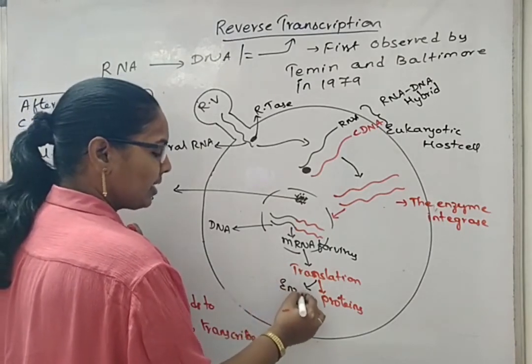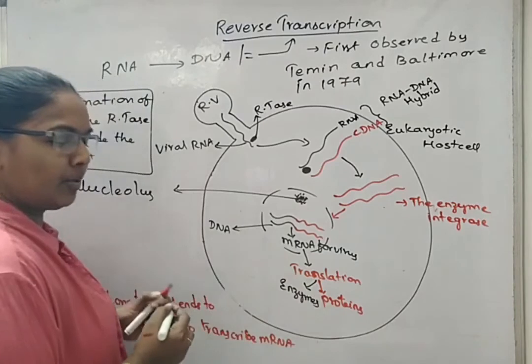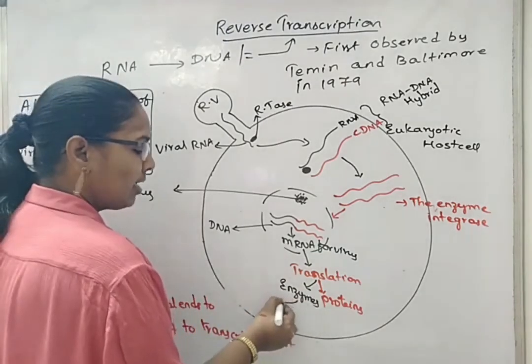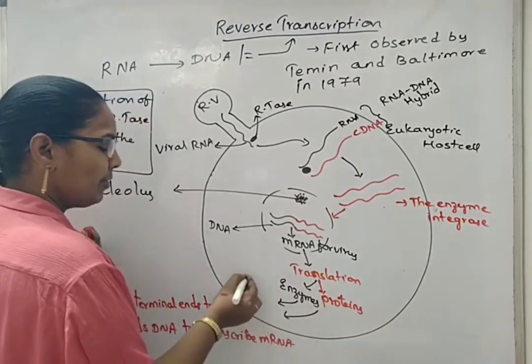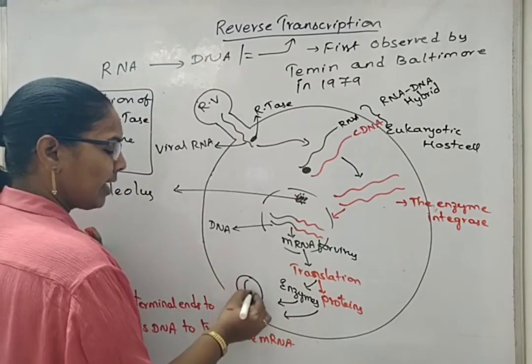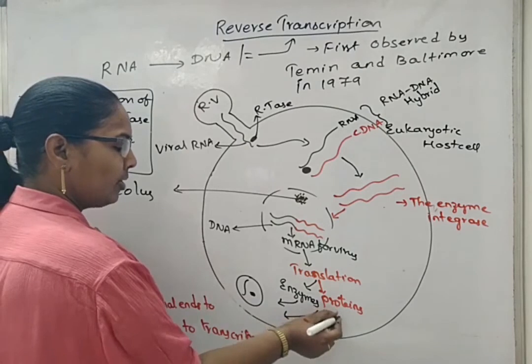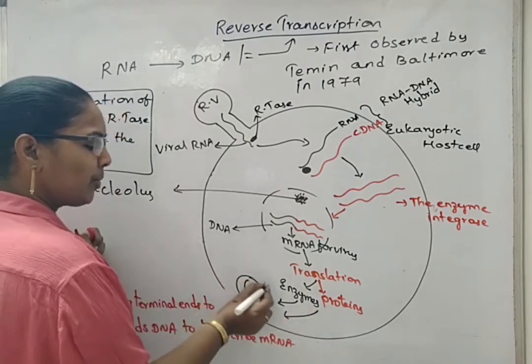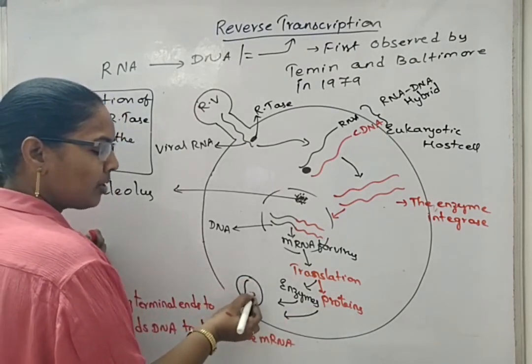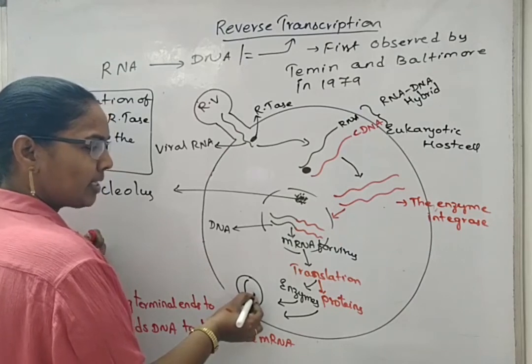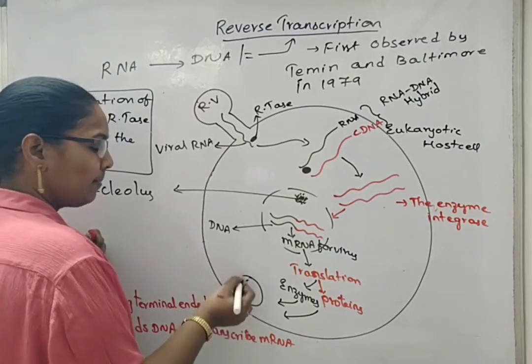Both are responsible for synthesis of viral particles, again RNA and reverse transcriptase, because here we have seen not only the proteins that are required for the protein coat of the virus, but also enzymes like reverse transcriptase, integrase, etc.